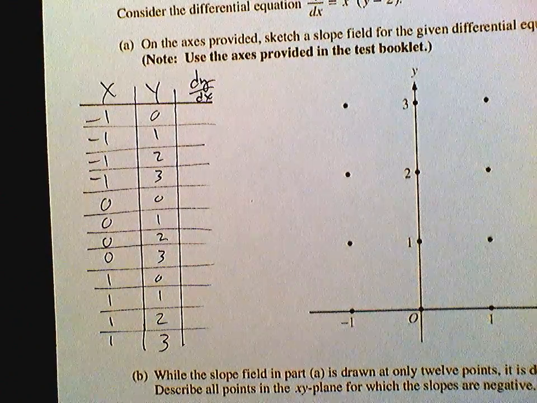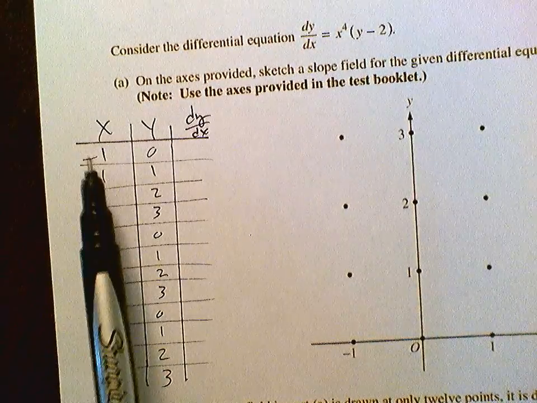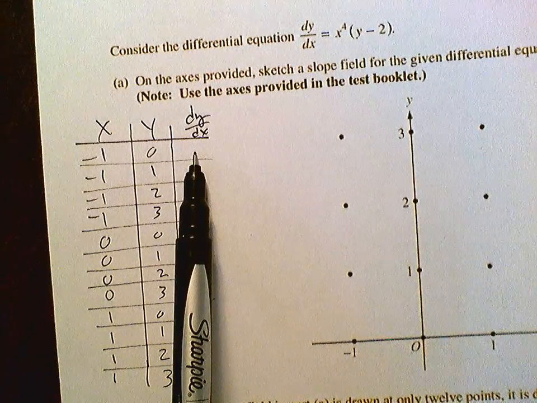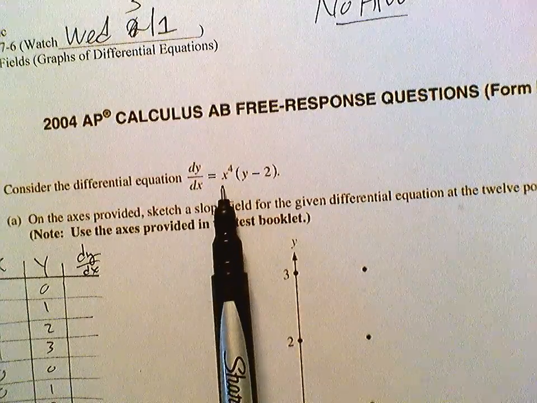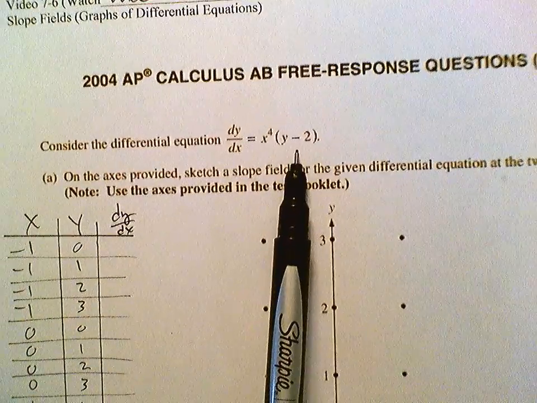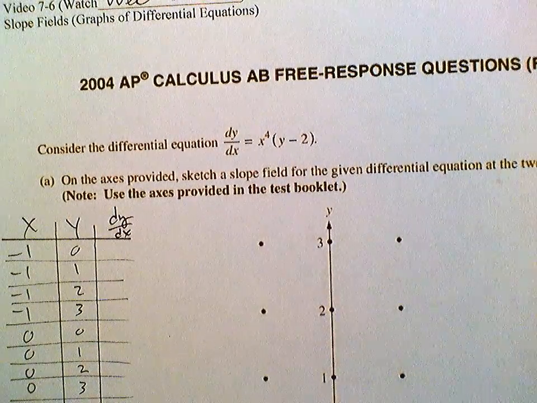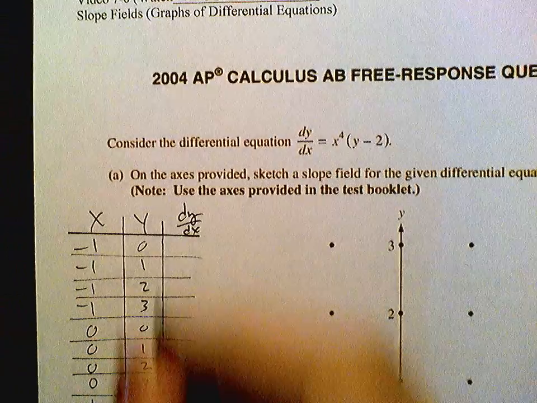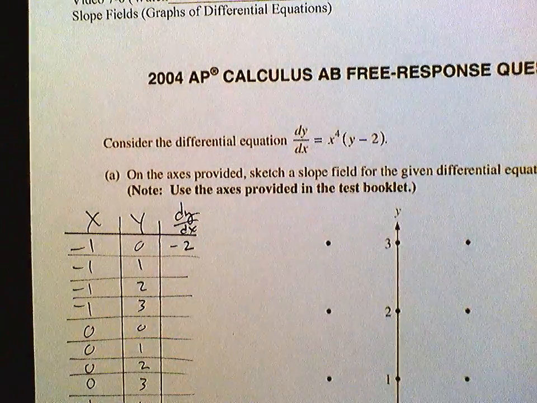Okay, and to get the corresponding slope, so at the point (-1, 0), we're going to have a slope of what we get when we plug -1 in for x and 0 in for y. So we end up with a slope of -2.